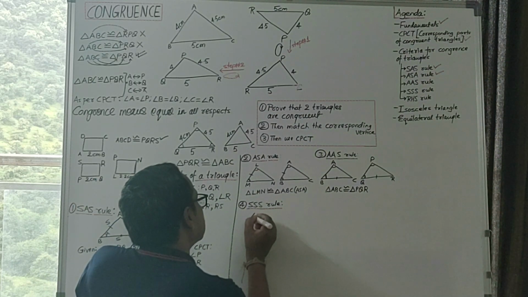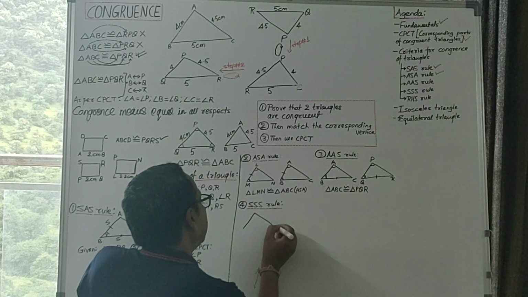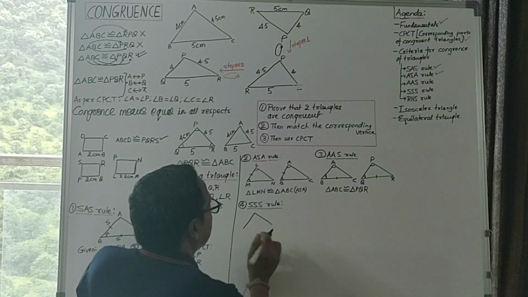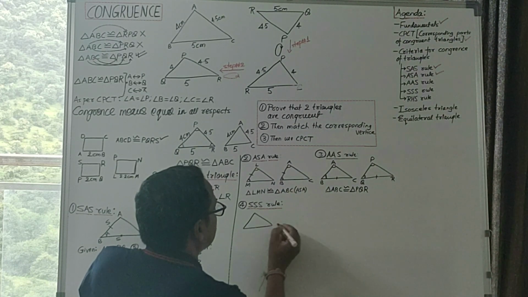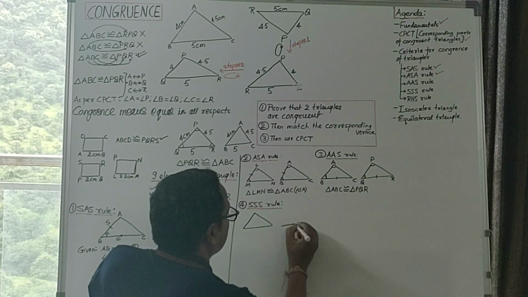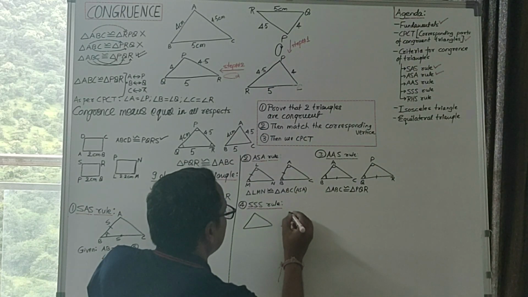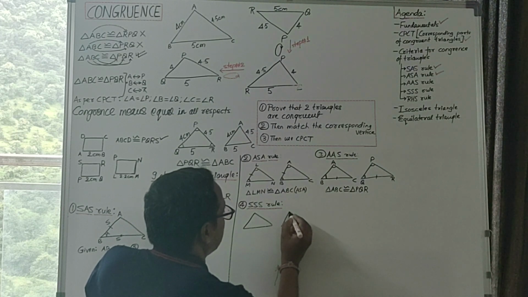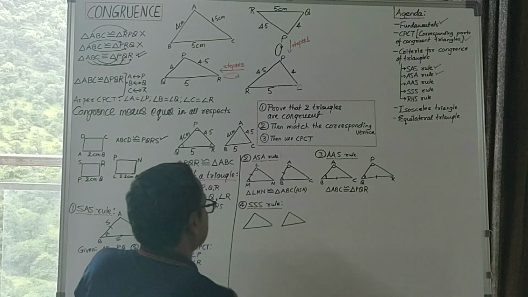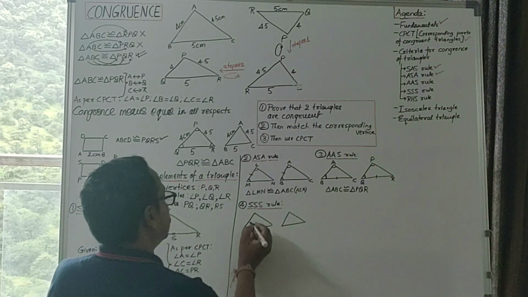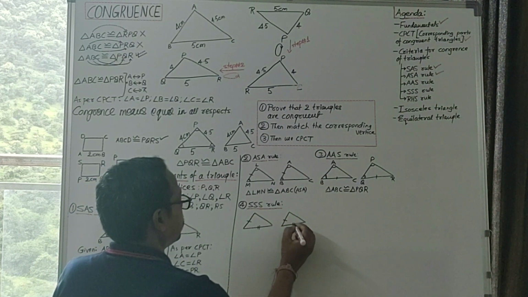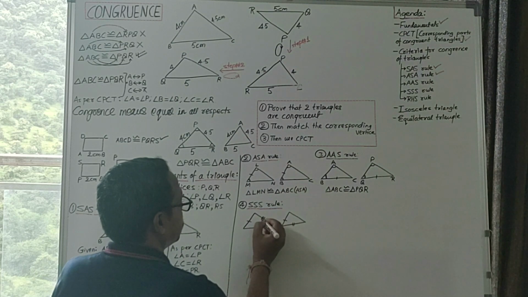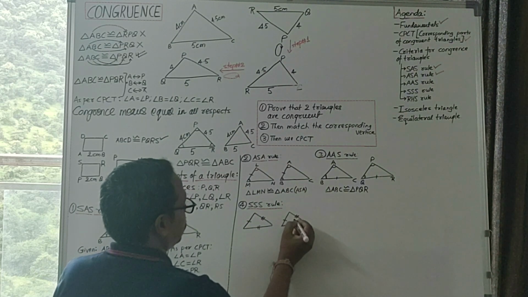This is a triangle. I can make a triangle like this, and then I can enlarge it and make it like this. So this side is equal to this side, and this side is equal to this side.